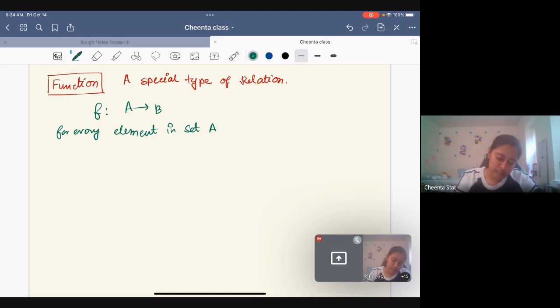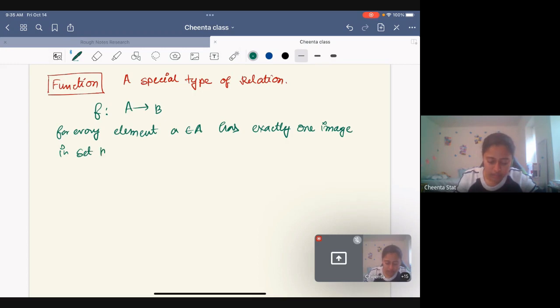Or you can write it in these terms. For every element A in set A has exactly one image in set B. So how can we write it mathematically?